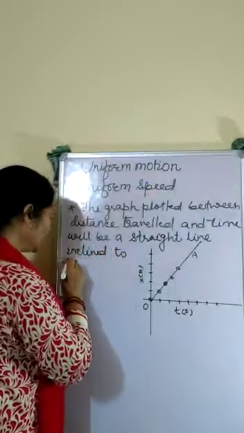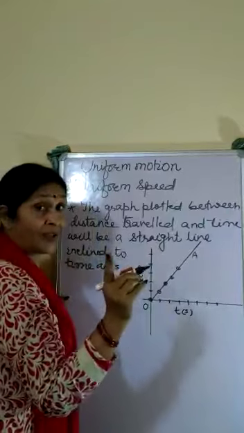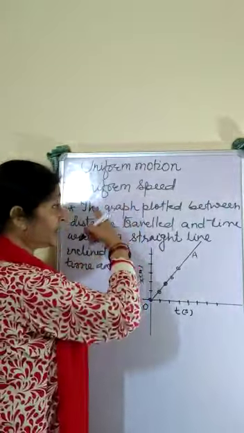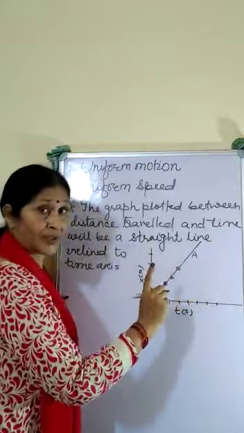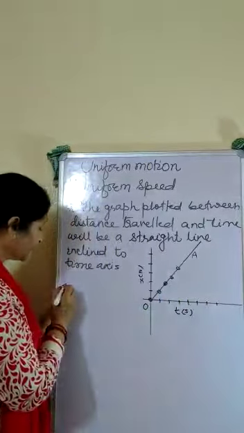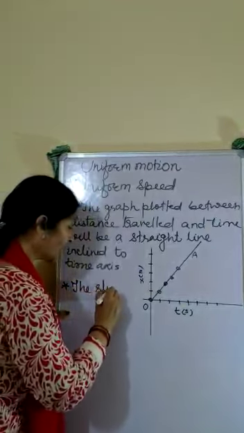Inclined to time axis. In your notebook, this point should be written below this graph. Okay. A second point is the slope of the graph.